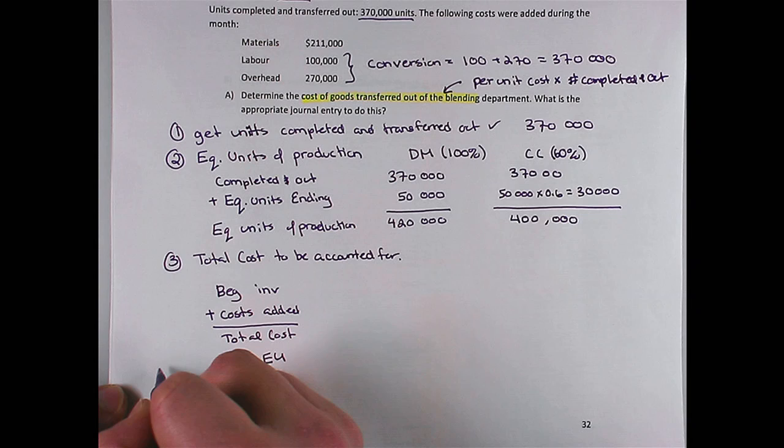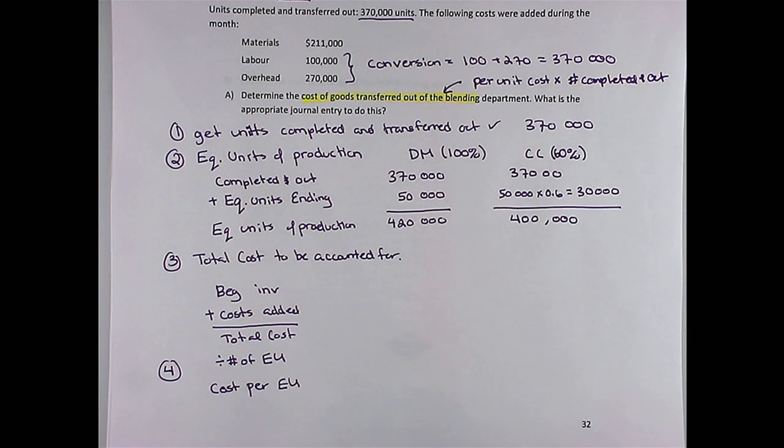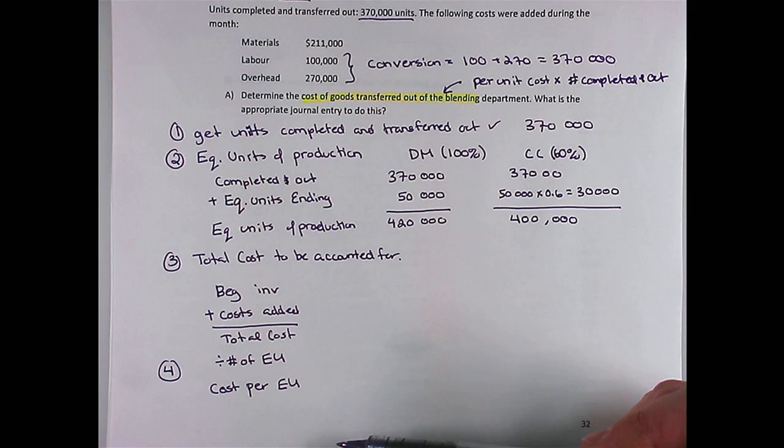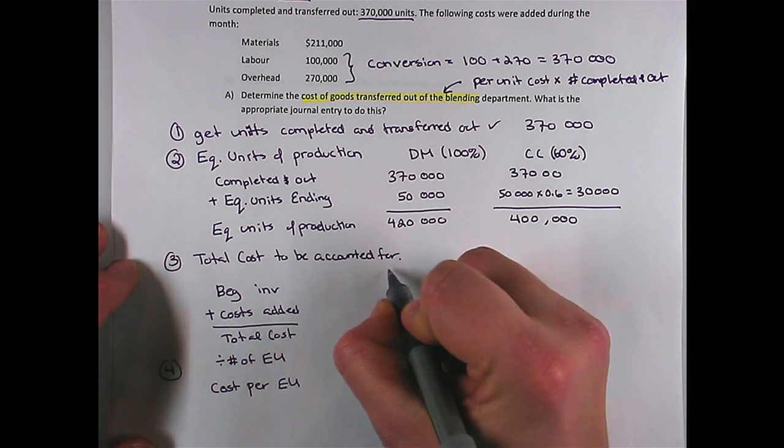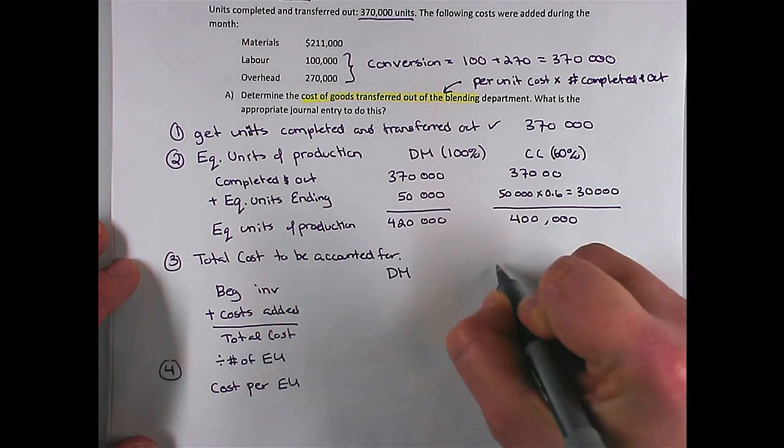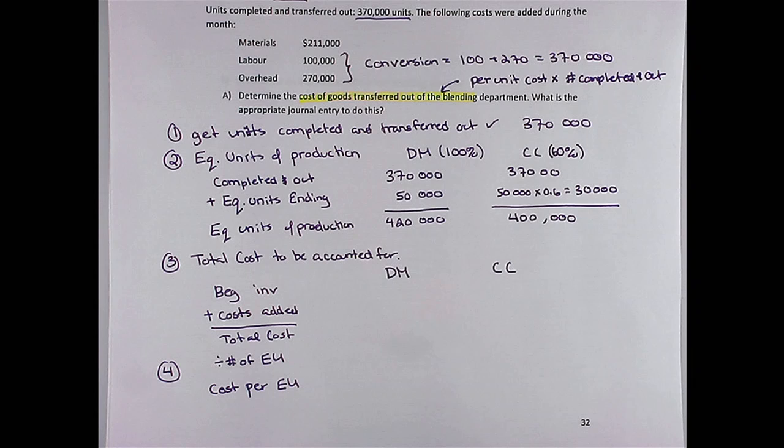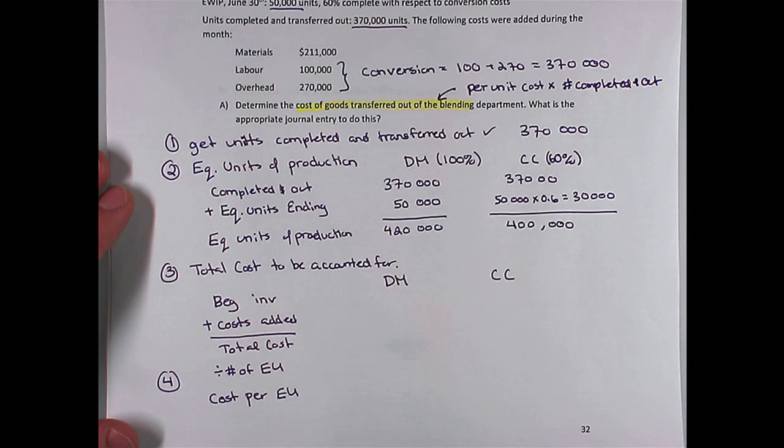And so that is usually our step 4. But I'm just trying to map out for you where we're trying to go here so that when you're looking at this, you kind of know what the goal is. And so we do this for both departments. We do it for direct materials and we do it for our conversion. So our beginning inventory for direct materials is what?